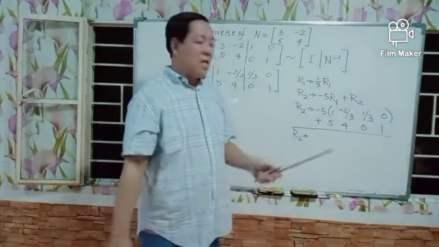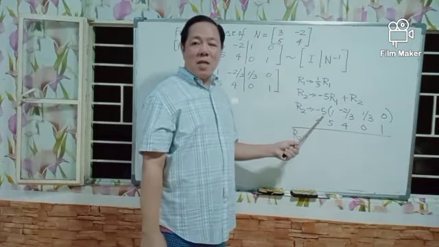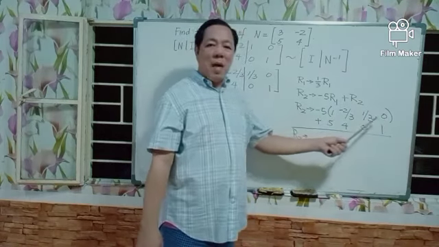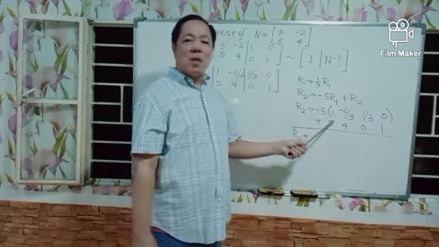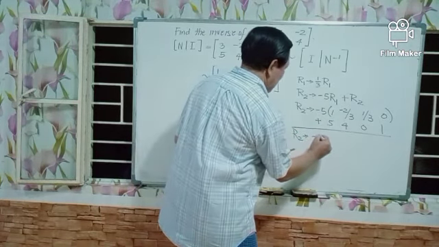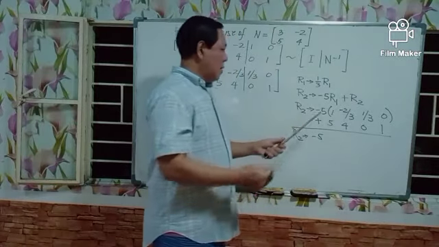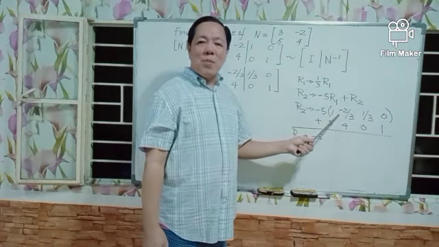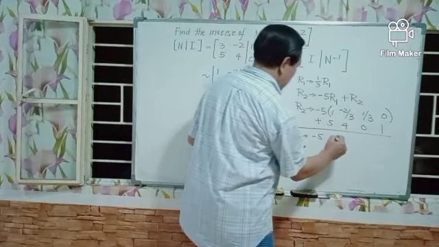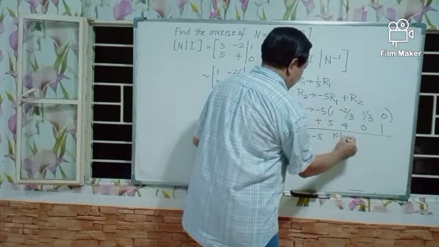And perform the indicated operation. The operation indicated here is multiplication. Multiply each of these entries by negative 5. Negative 5 multiplied by 1 is negative 5. Negative 5 multiplied by negative 2/3 is positive 10/3.